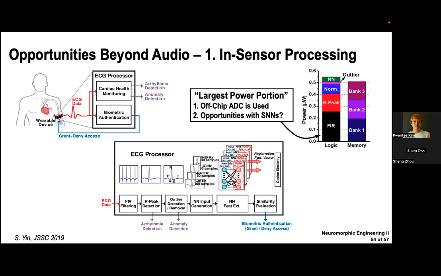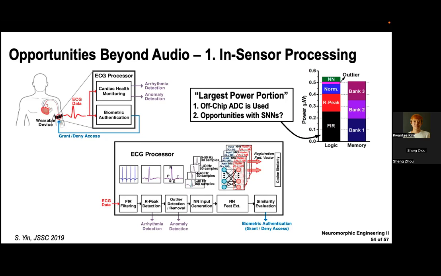In this paper, ECG processing circuits were fabricated, with cardiac health monitoring and biomedical authentication functionality. It has ECG data as a digital input, post-processing stages, and a DNA classifier. However, this paper didn't include an on-chip ADC, which means our neuromorphic approach can also be effective.